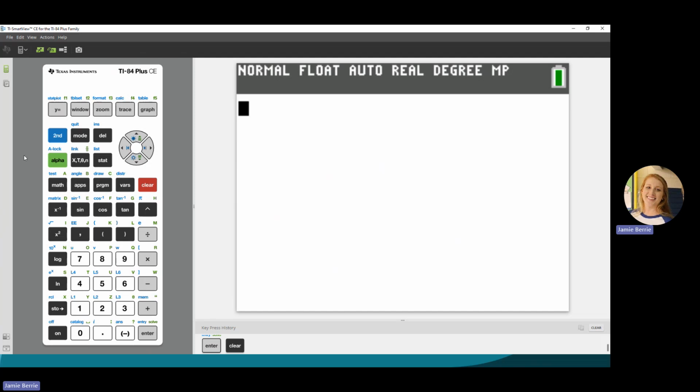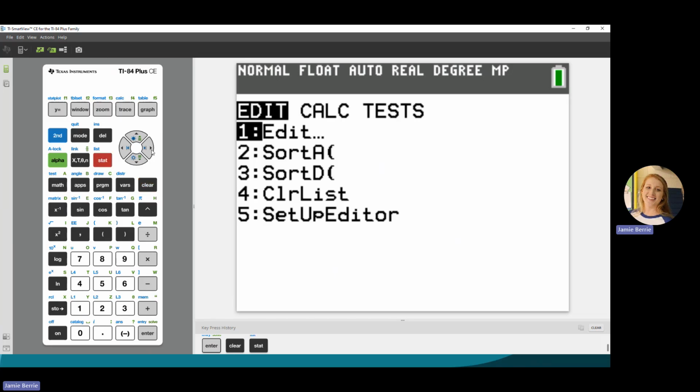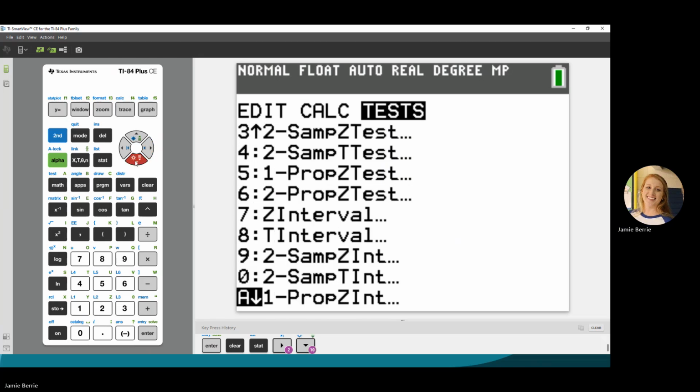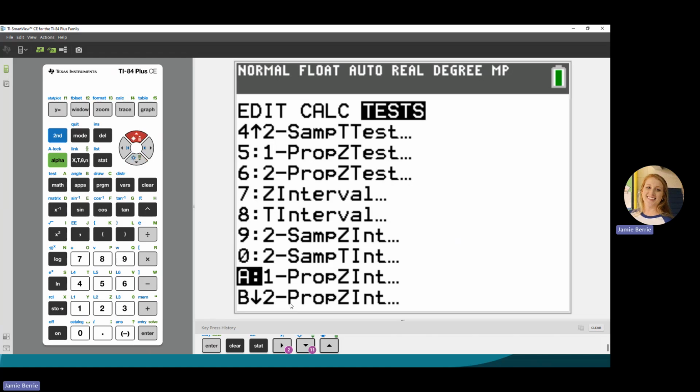You're going to go to the same place that we went to for the Z interval and for the T interval. So you hit the stat button, then go over to test, and you have to scroll way down for this one. There it was, 1 prop Z interval. It's option A, 1 prop Z interval.